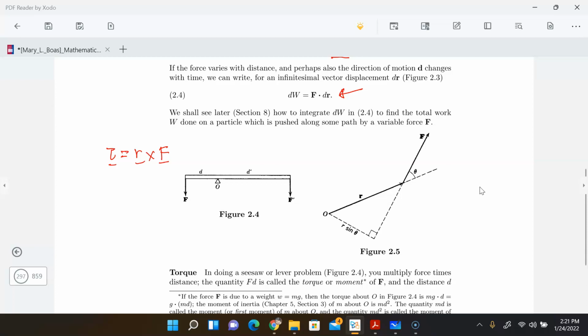That's in the simplest sense, and the distance considered in that particular case is that horizontal distance, which is perpendicular to the action of the force. Okay, so we can do this much more generally.